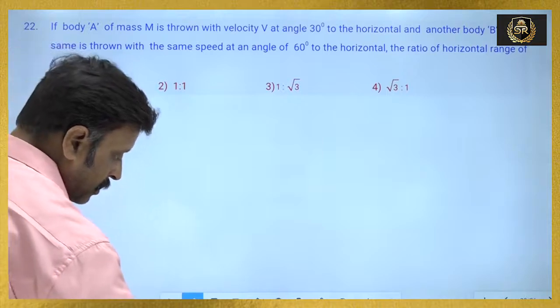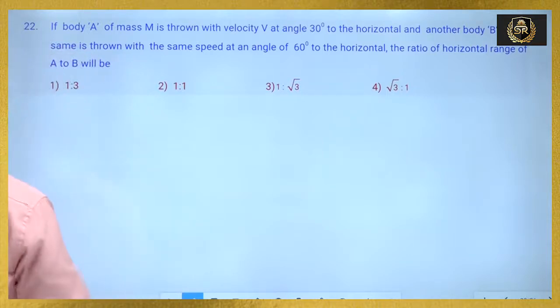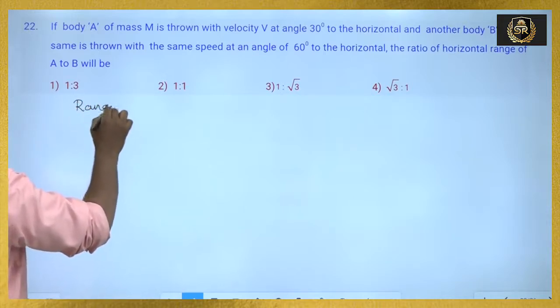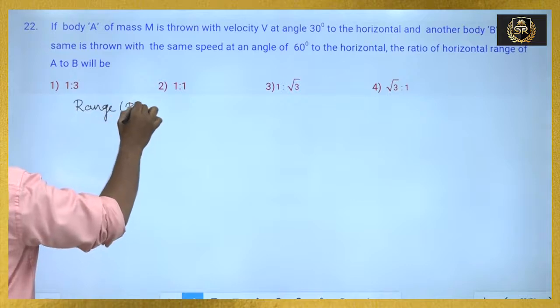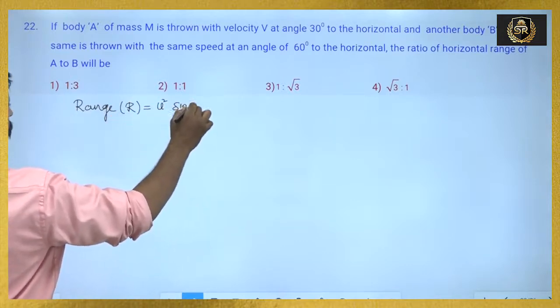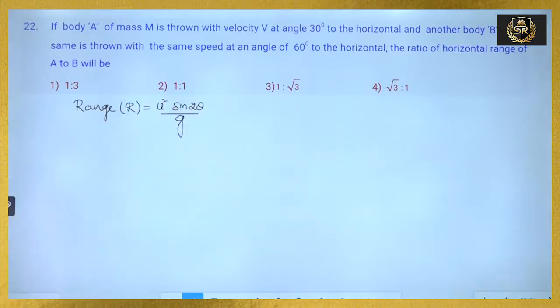What is the formula for range? Range R is equal to u square sin 2 theta by g. This is in general the formula for range.